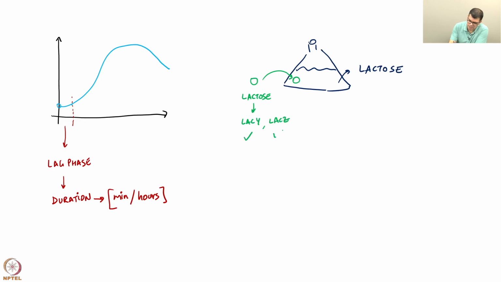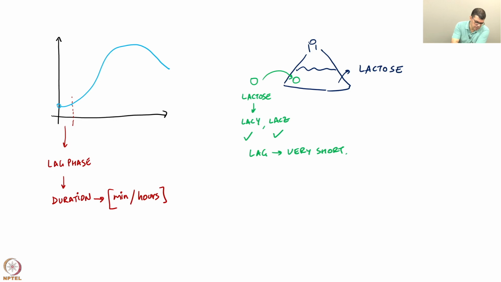So, these two were present in it, and hence when I transition it to another flask which also contains lactose as the carbon source, lag is going to be very short. Because it was already in an environment with the same resources, only the quantum is different, and hence it does not need any time to make these proteins and then start utilizing lactose. It is already ready to use lactose and exhibit growth.